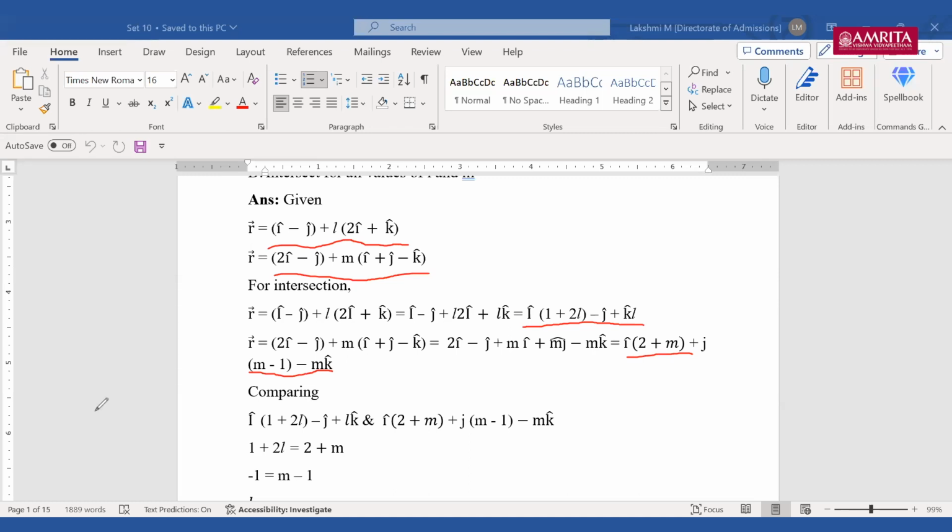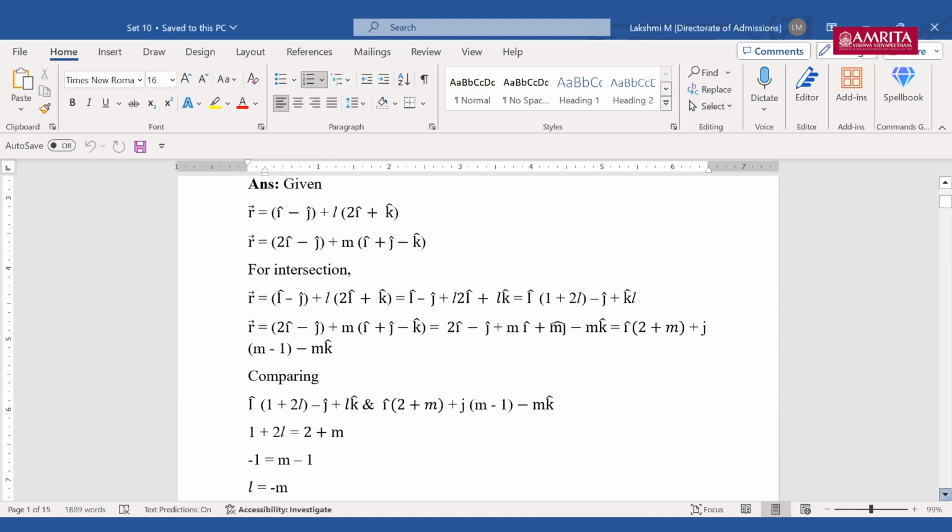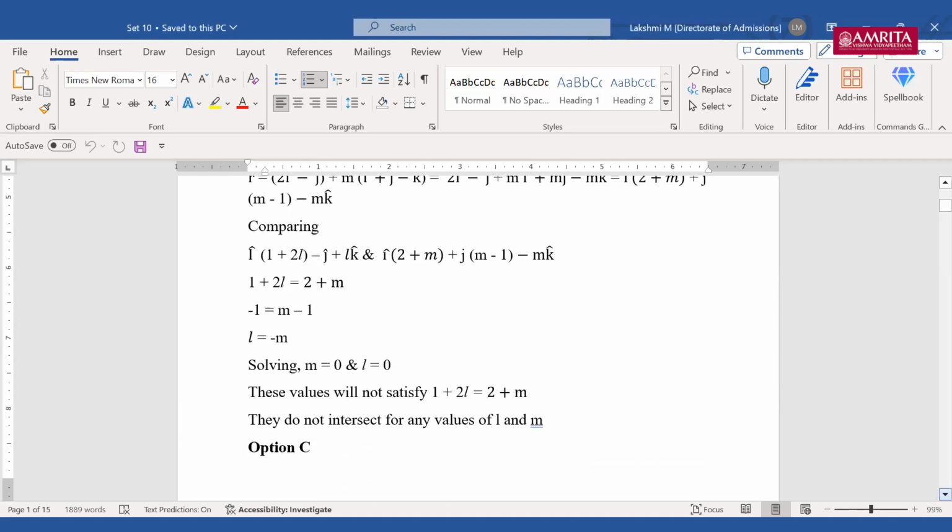I hope this is a very easy question and most of you already have an idea about these types of questions. The first part is compared. The second one is -1 on one side and M - 1 on the other, and for k, L is -M.